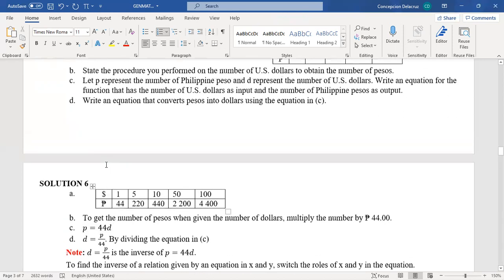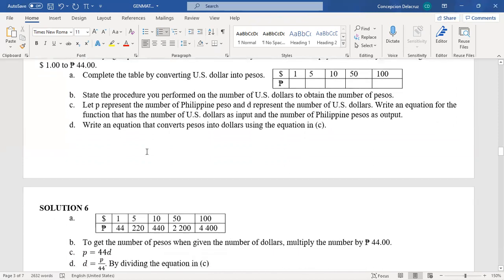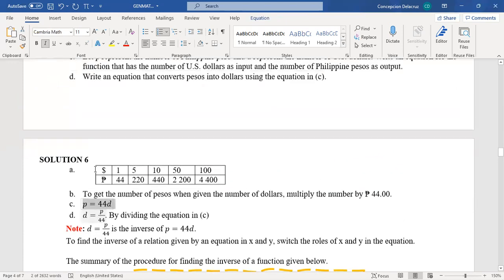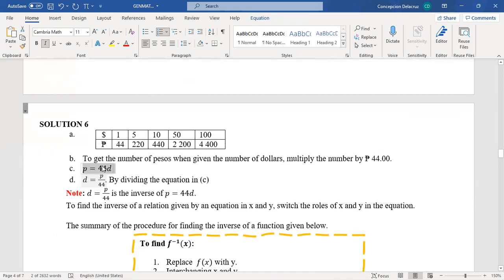Since we are looking for a function, let P represent the number of pesos and write the function. So we have here the function where P is denoted as the number of Philippine pesos, and 44 is the value of the peso.